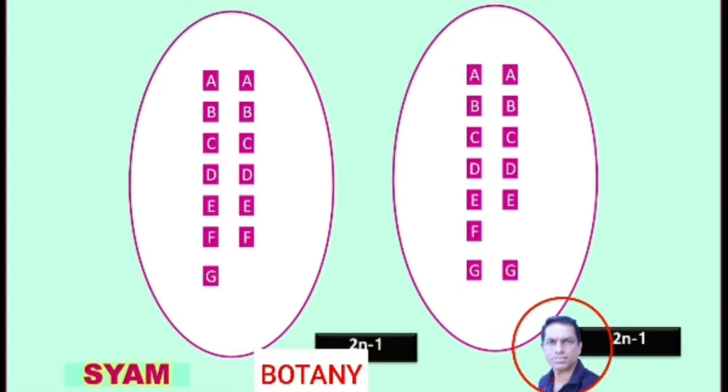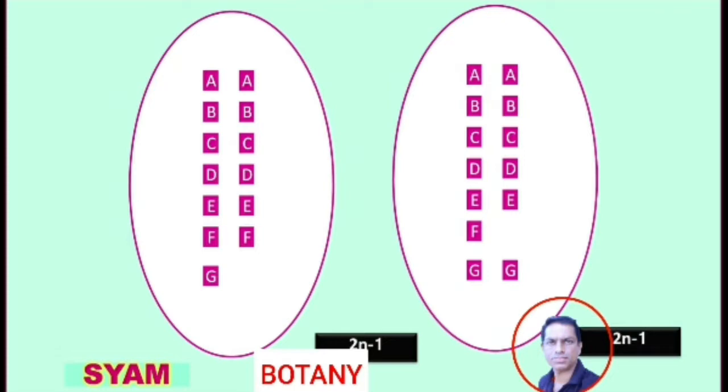In this picture, two types of monosomics are observed. In the first cell, the G chromosome is lost. This is one type of monosomy. In the second picture, the F chromosome is lost. This is another type of monosomy.